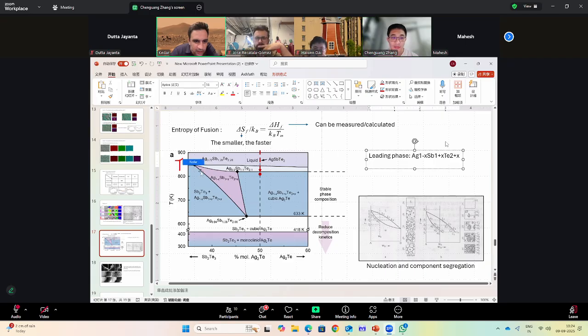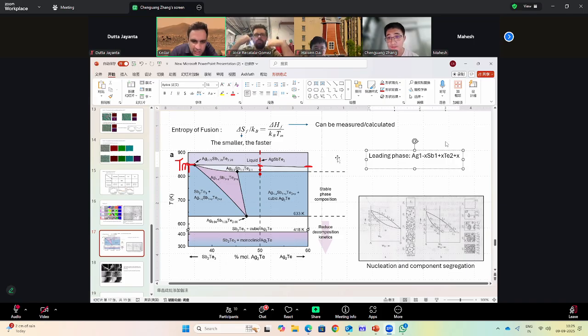So actually, it can be changed. So is this a Tm for this value here, and a Tm for this value here, and a Tm for this value here? Is this correct? Yes, yes. Okay. So you need to fix your composition. Then you start to cool down from a certain temperature to your solid.